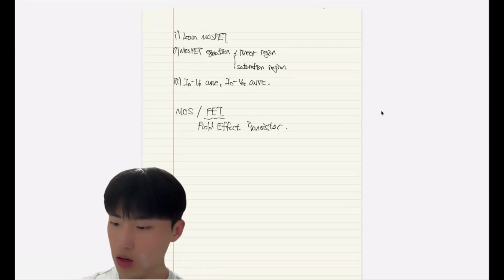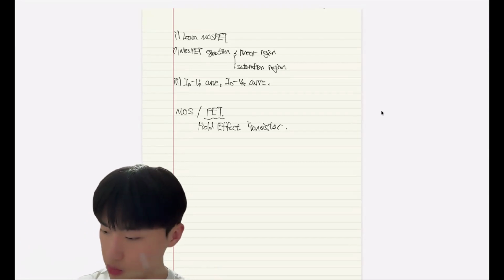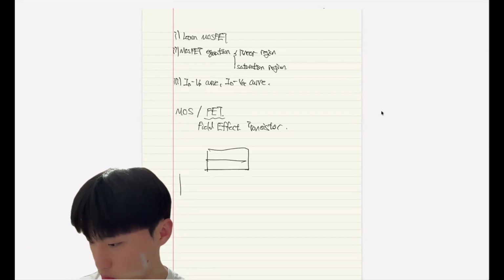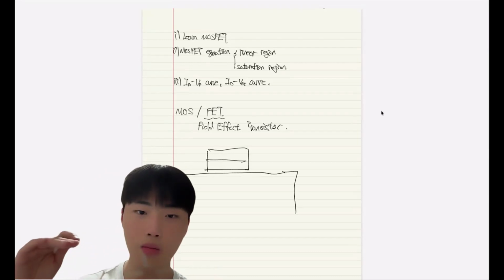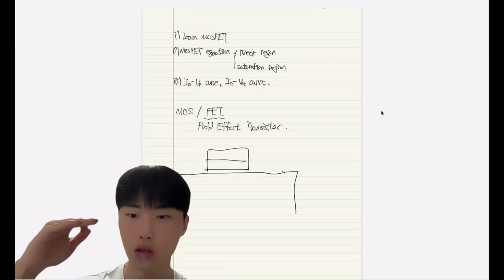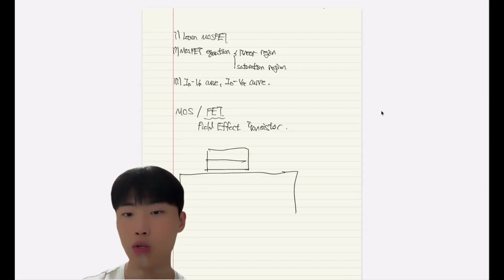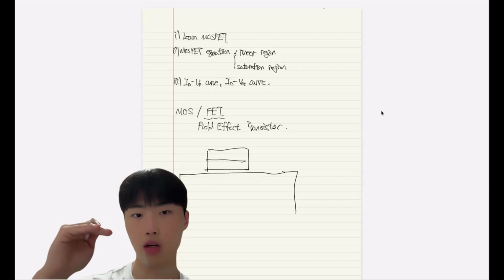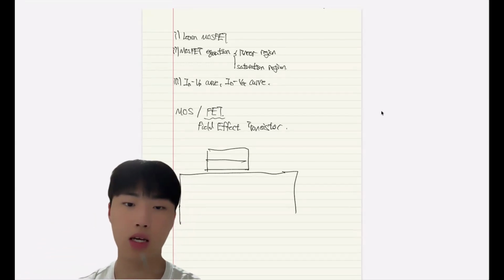So let's have an example of the MOSFET. This is the MOS structure. The top part is the metal, the lowest part is the semiconductor, and between the metal and the semiconductor there should be the oxide part.